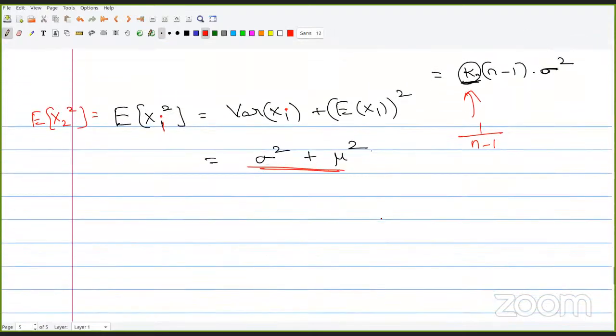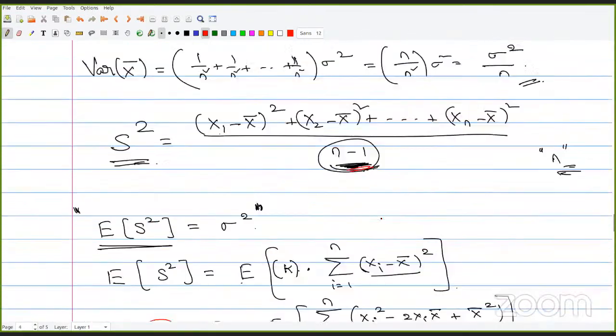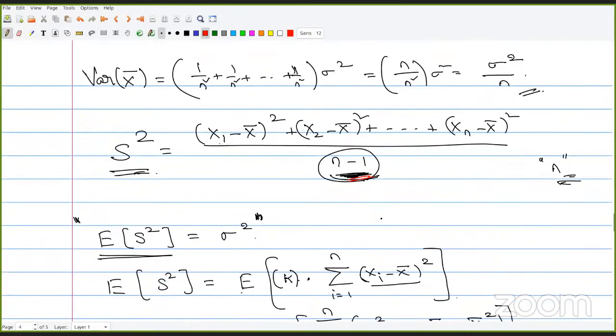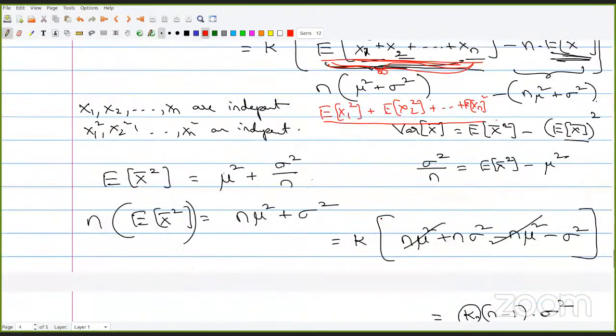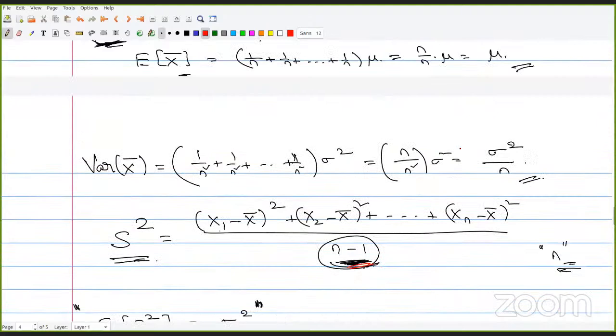But sir, the underlying assumption is that they should be independent, right? The underlying assumption is IID. If they are not, then will this definition, the division by n minus 1, be violated, sir? No. See, whatever samples we take, these samples are actually taken from one distribution only, right?